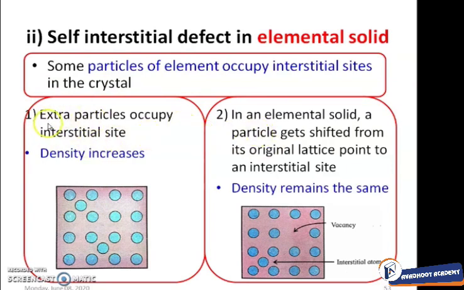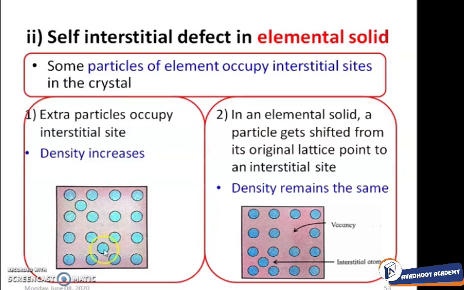One way is that an extra particle occupies the interstitial site. Look at this diagram. These are the regular particles arranged regularly like this, but consider this particle: it is the extra particle occupying the interstitial site or void space.